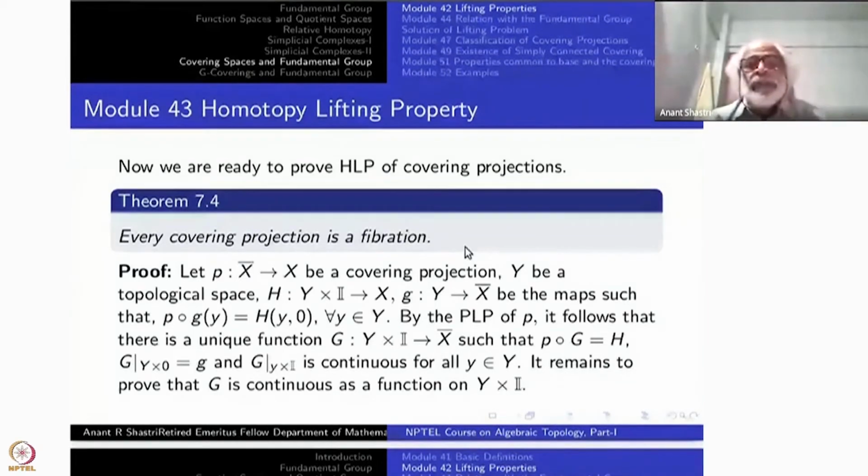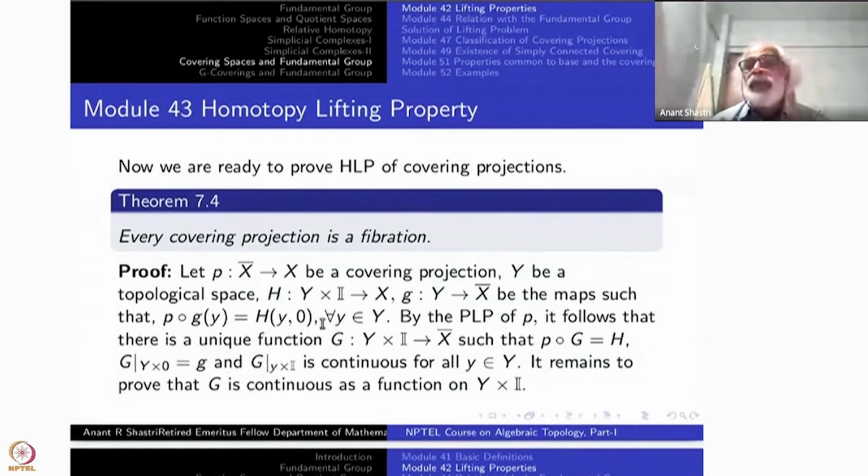Start with the covering projection p from X bar to X. Y is any topological space and H is a homotopy on Y into X. g is a function into X bar such that p composite g is H of y, 0, the starting map of the homotopy.